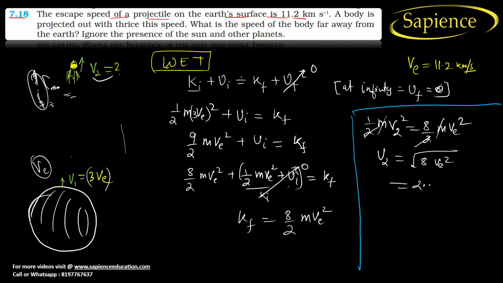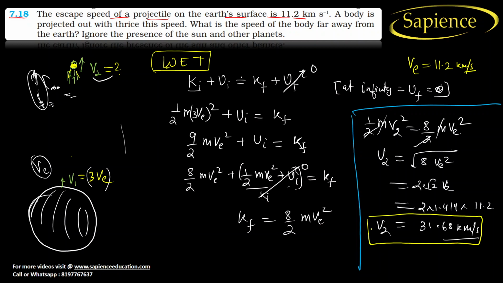So this will be 2 into root 2 times the escape velocity. The value of 2 into root 2 is 2 into 1.414, times the escape velocity, which has a value of 11.2 kilometer per second. So finally we get 31.68 kilometer per second. This is the final velocity with which it will move. I hope you have got the final answer. Thank you.